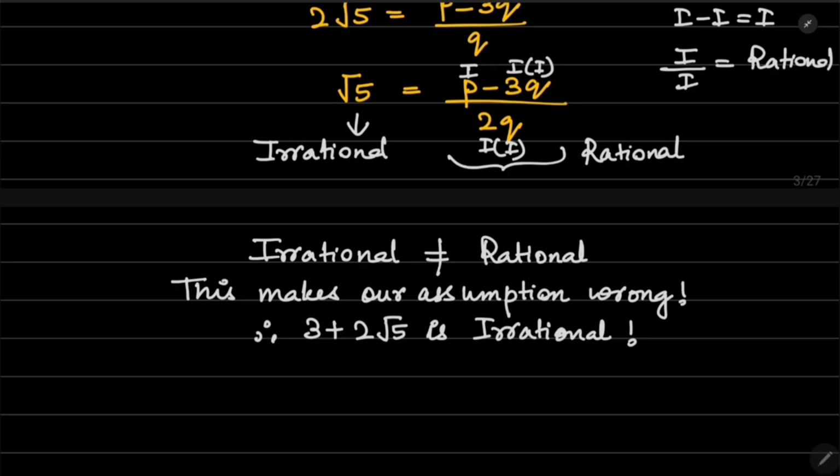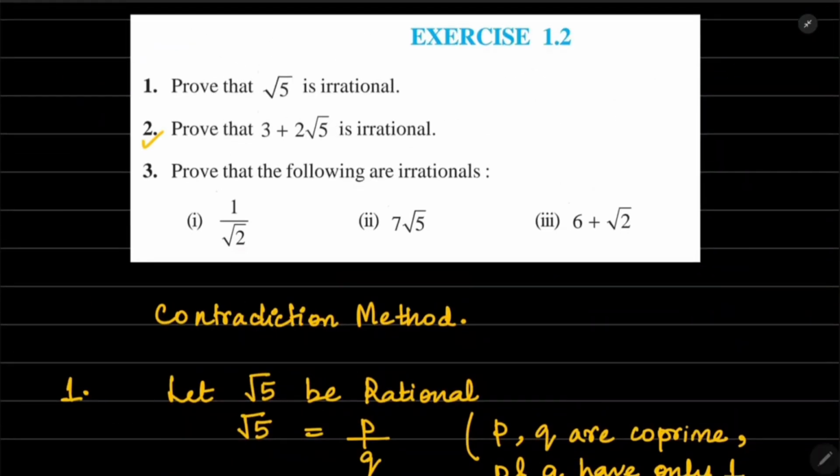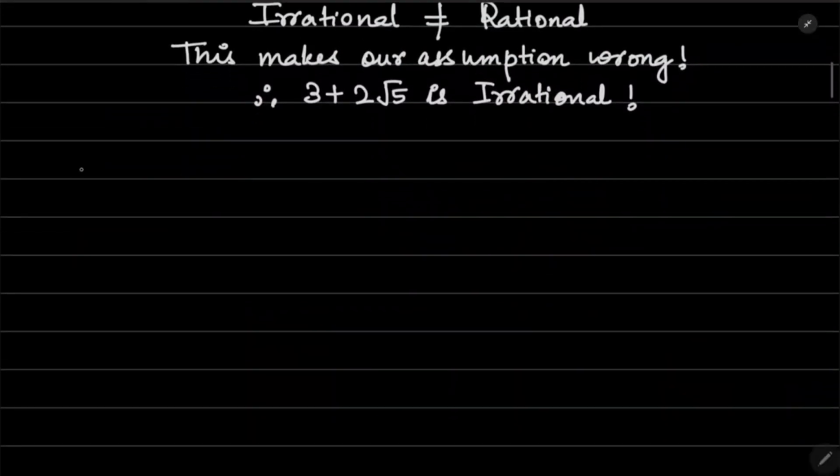Okay, the next question. Let's go ahead and do the third one. Prove that 1 by root 2 is irrational. The question is, you have to prove that 1 by root 2 is irrational.